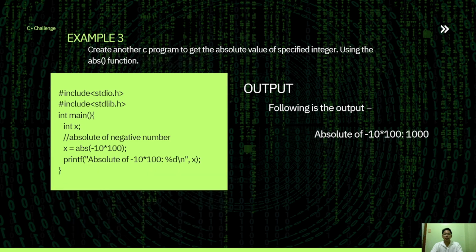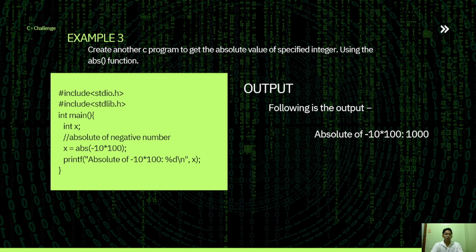Sample number 3. Create another C program to get the absolute value of a specified integer using the ABS function. So x equals abs(-10 times 100).